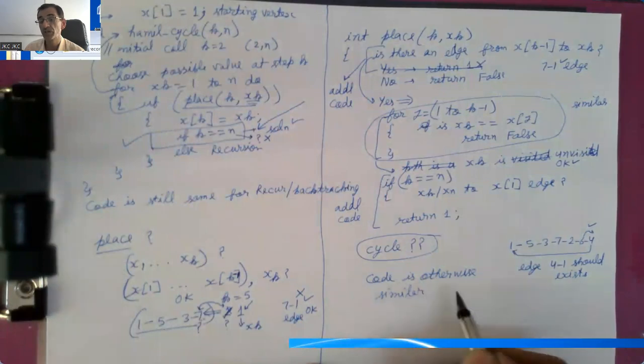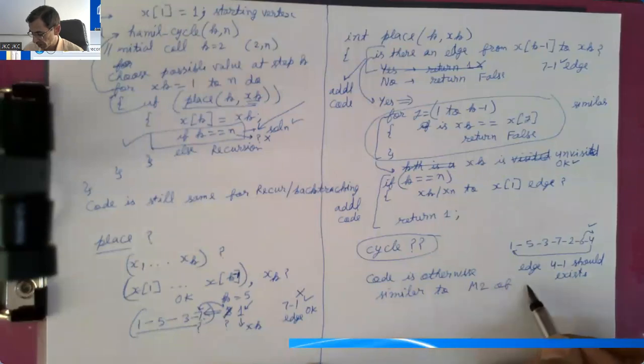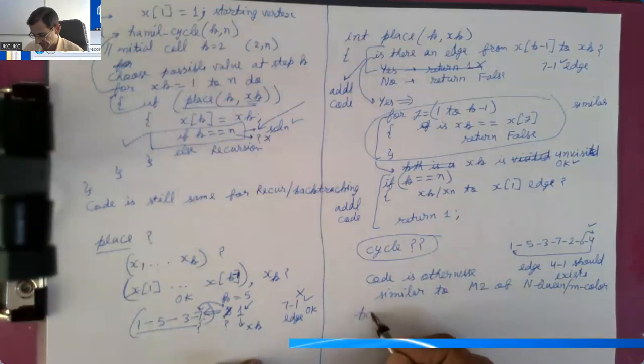And if you see the beauty of this, all the coding becomes very similar to module M2 of N Queen or M color. So more or less the same, and the bounding function characteristics are being coded here.